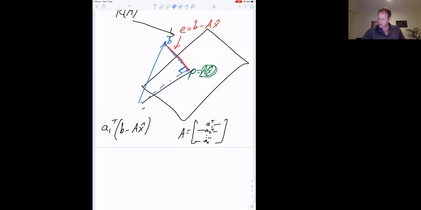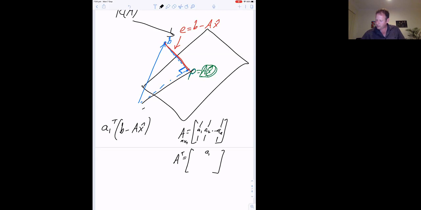Sorry. A is M by N, and we've got this column A1, this column A2, up to this column AN. Now we'll write A transposed.